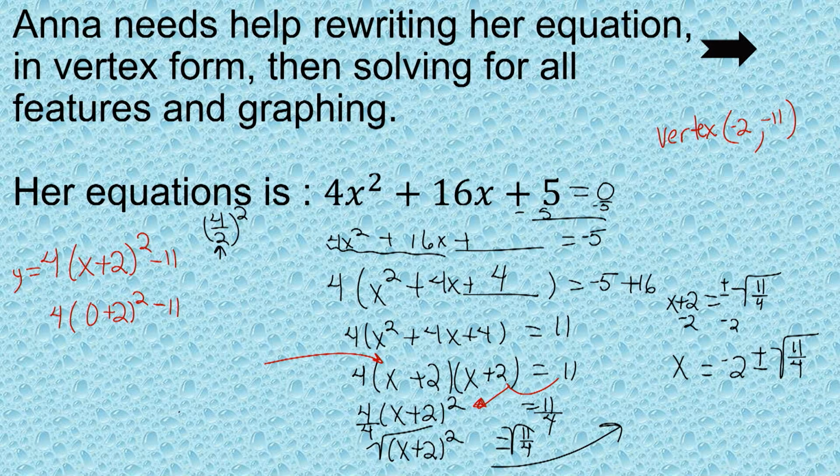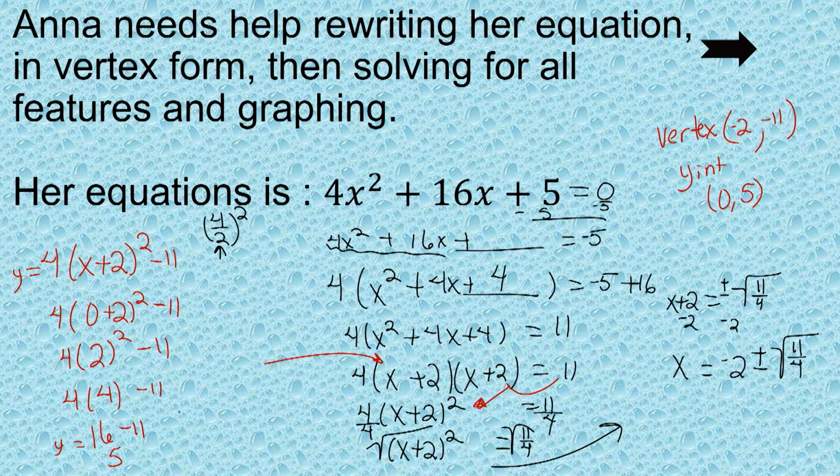So let's go ahead and put our stuff together: 4, 2 squared, 4 times 4 minus 11. Well, everybody knows 4 times 4 is what? 16 minus 11. And what is 16 minus 11? 5. So my y-intercept is going to be what? 0, 5.